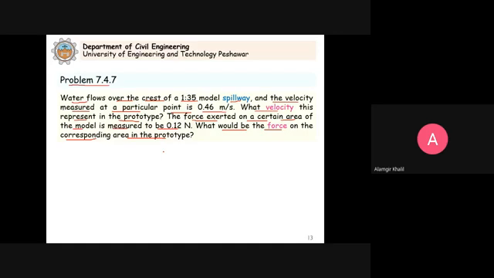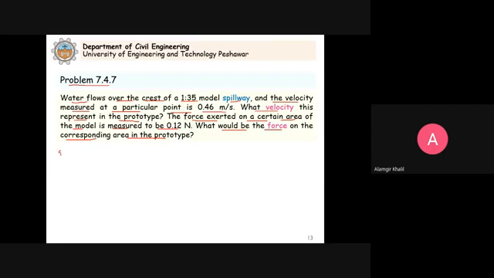So now, as I told you before, if you really know the scale ratios for these characteristics of physical quantities, then we can easily transfer the results between the model and the prototype.